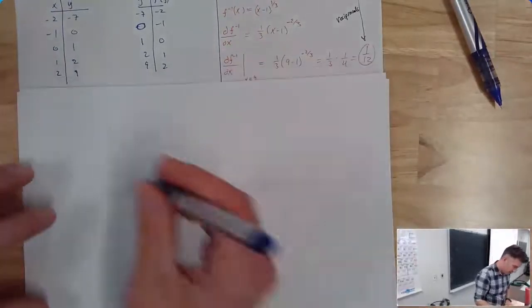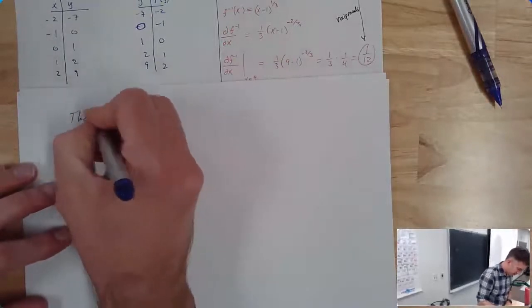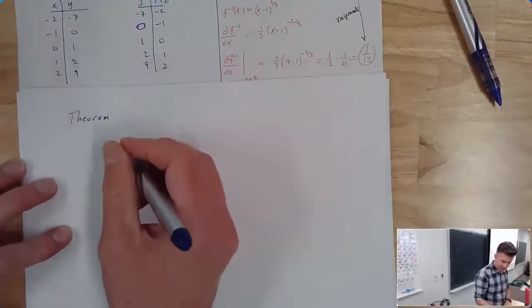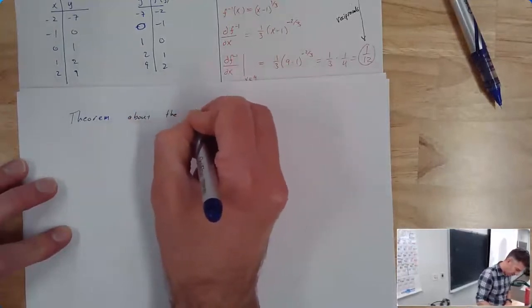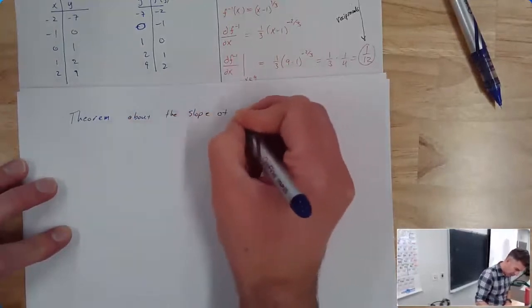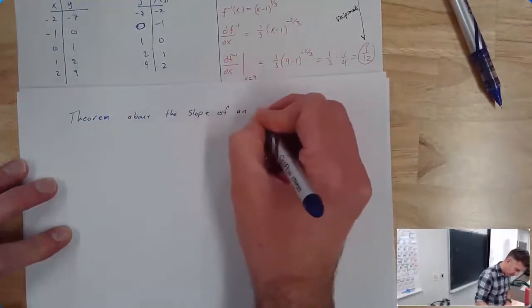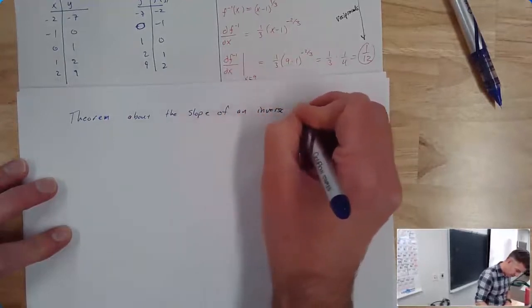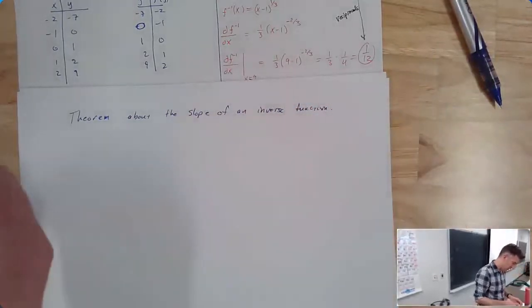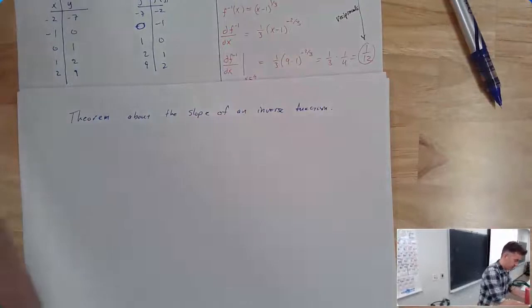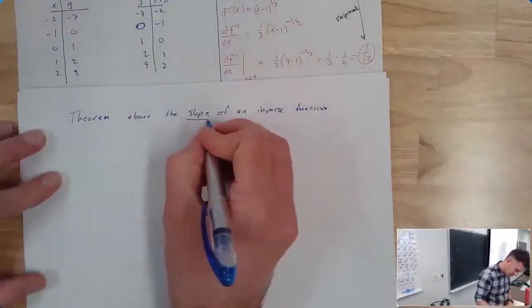So here's a theorem. It's like the inverse derivative theorem. I'm just going to say it's the theorem about the slope of the inverse function, or of an inverse function. So I'm going to throw away some pens. I don't want to, but I should.